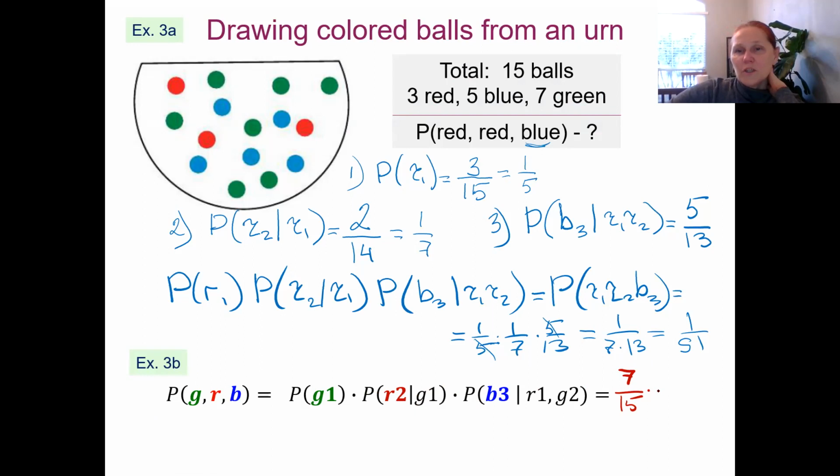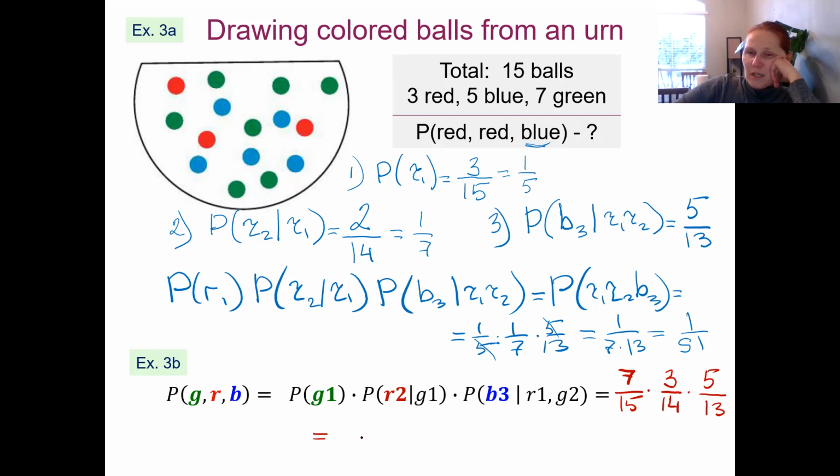On the second stage, the urn has a total of 14 balls, and we draw a red one from 3 red, so 3 over 14. Then the probability of blue: there are 5 blue balls, and the total is now 1 less, so it was 14, now it is 13.